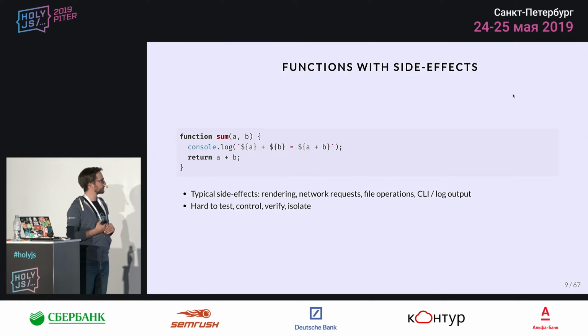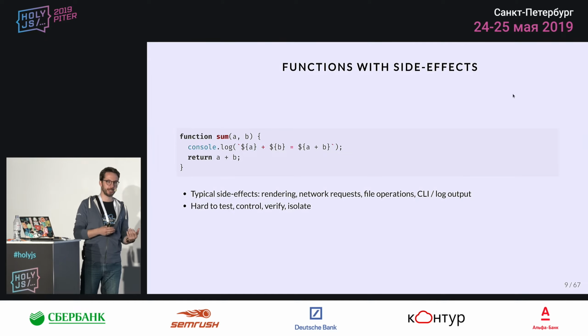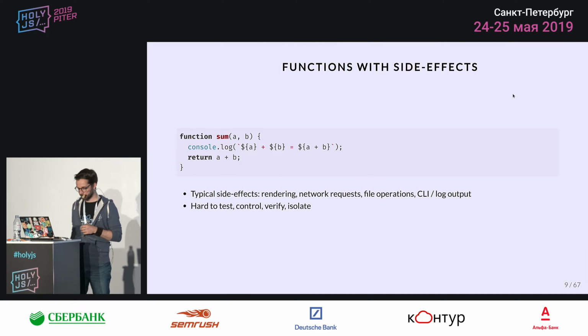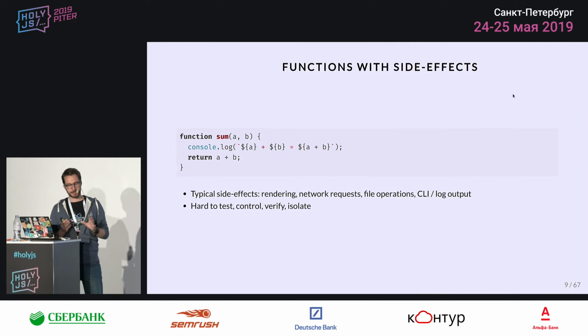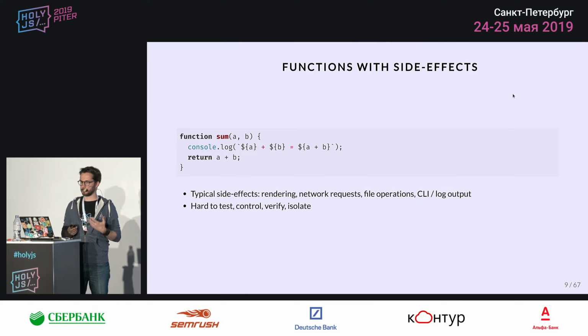And the same is a bit true for side effects. So I have the same function as before. This time it's side-effectful. It prints a message. And that means I can no longer substitute its invocation with its result, because then the message wouldn't be printed anymore. In every application, we do need side effects for rendering, for making network requests, doing file operations, that kind of stuff.